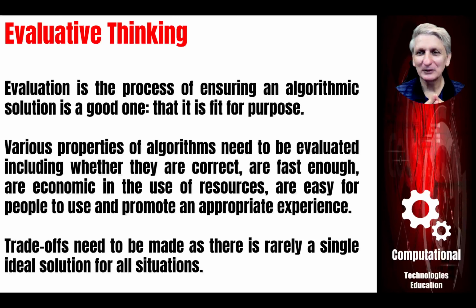If it takes 1% longer, that could equate to millions of dollars in terms of electricity, just in terms of the processing power and the electric power needed to process that. So there are often trade-offs though between ideal solutions in various situations. And this is where students need to be able to explain their decisions around their evaluations.